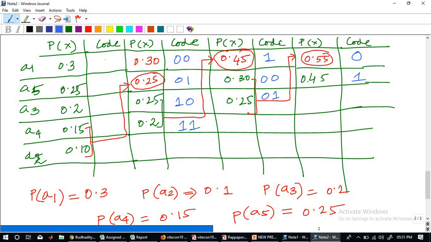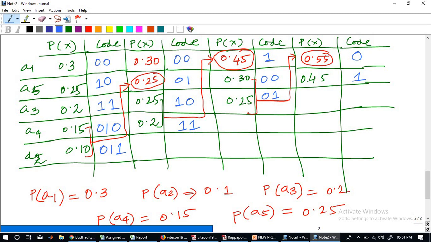Last column. What is this? 0.25. 1, 0. 0.2. 0.15. 0.15 and 0.10 have generated 0.25. So 0, 1 will come. So these are your codes. Now you calculate the efficiency in the same manner and you get the solution.